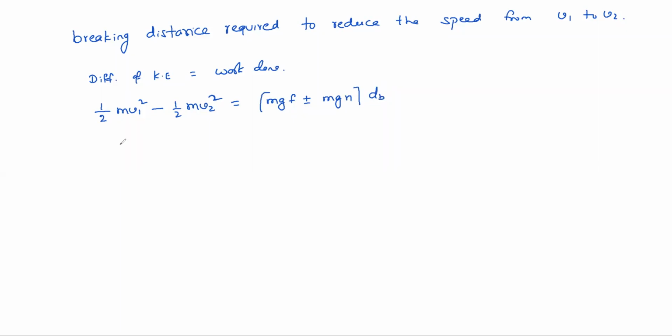Now m gets cancelled, so braking distance equals v1 square minus v2 square divided by 2g into f plus or minus n. Up gradient means plus, down gradient means minus, no gradient means n is 0. So the braking distance required is v1 square minus v2 square by 2g into f plus or minus n. So these are the things to be remembered.